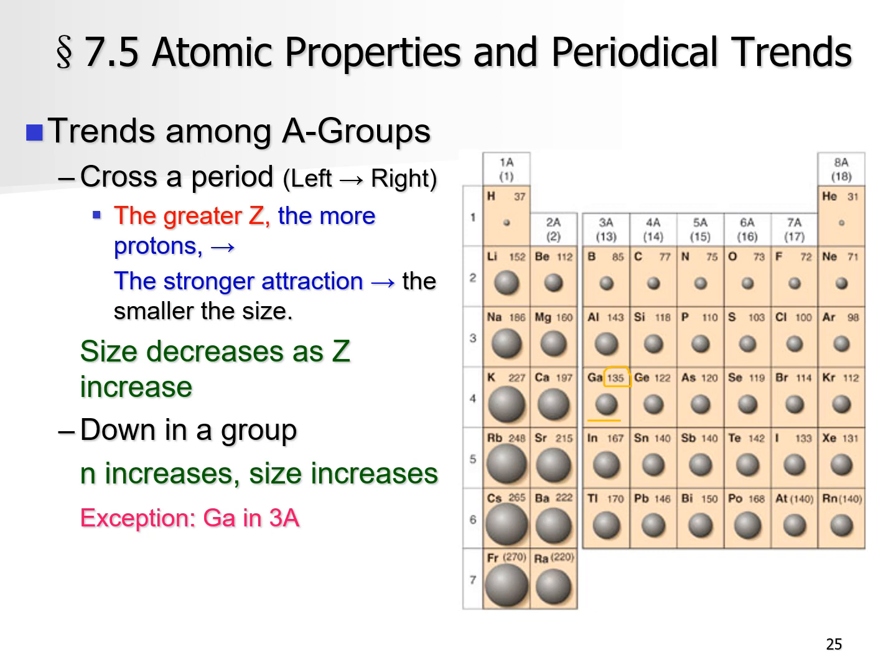Why? If you recall, the element before gallium is zinc. The electron configuration of zinc is 3d10 4s2. We have a completely filled 3d subshell.